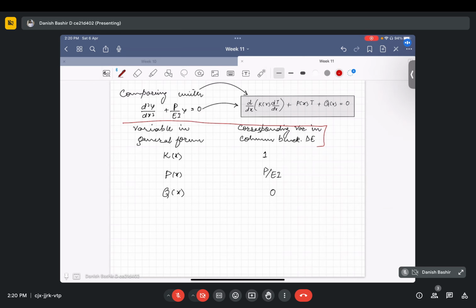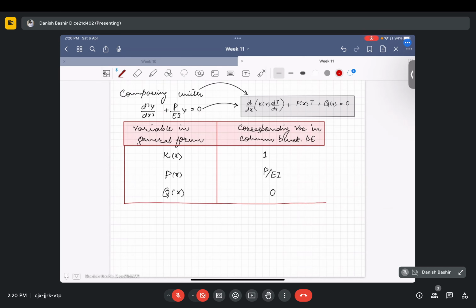This is a table that is very important, and you need to remember it. Then, we know the elemental equation solution for the general 1D boundary value problem. Using all these values, 1, P by EI and 0, we can write the finite element equations for a two node element of length L as follows.